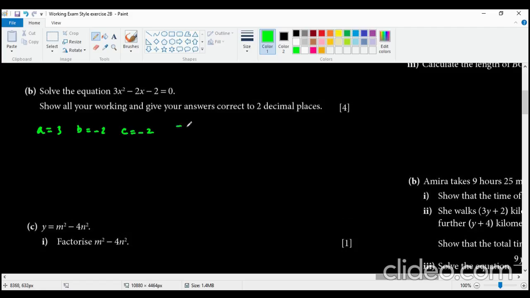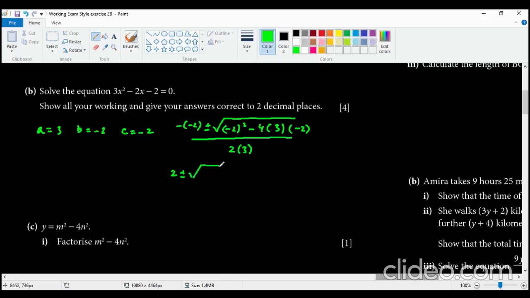In here minus b is a negative 2, plus minus under root b square is a negative 2 square, minus 4a, a is a 3, and c is negative 2, divided by 2 times a, which is a 3. So finally what we'll have is a 2 plus minus under root.